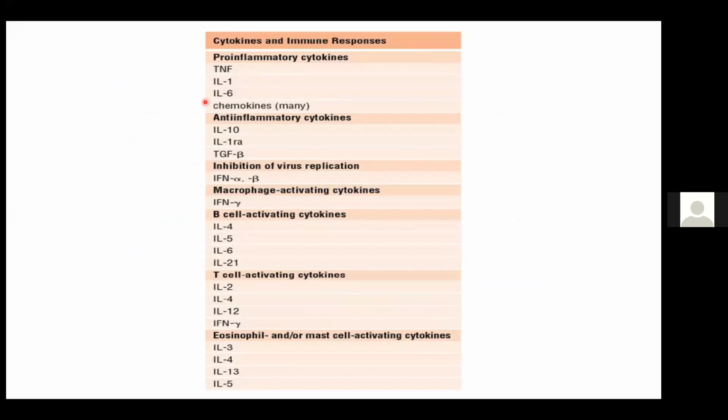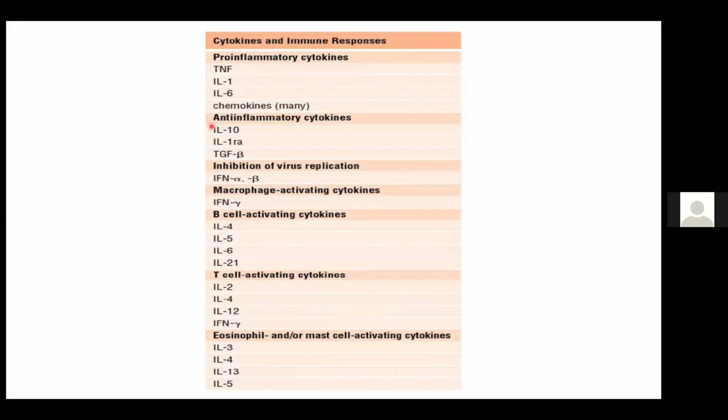And I'm just highlighting again that it's the cytokines of the innate immune response that are mainly pro-inflammatory. So this group of cytokines are the ones that would cause the acute phase response. So tumor necrosis factor, interleukin-1, interleukin-6, and the chemokines, because remember we talked about chemokines causing cells to move towards where they're being produced. So the chemokines are very important in inflammation, okay?